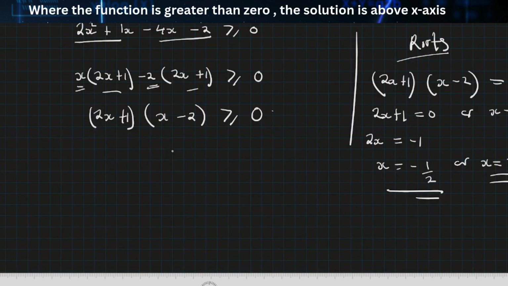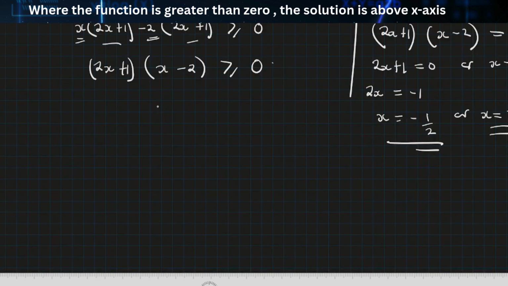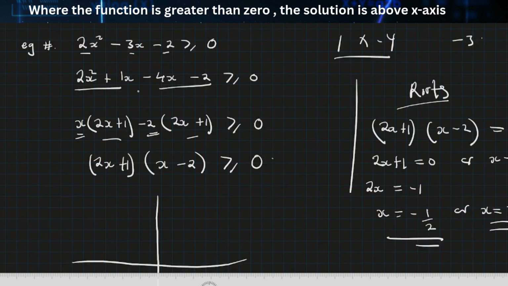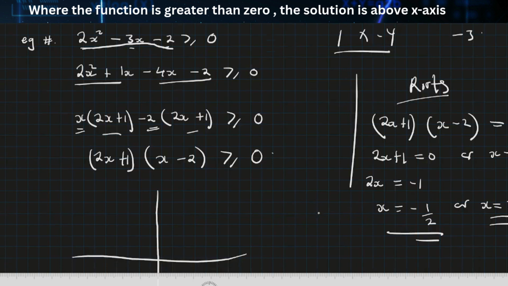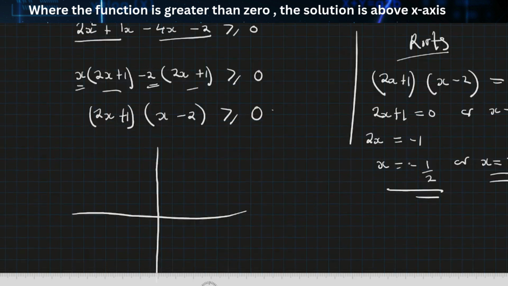So now it's time to sketch the graph, right? This is the very important part. Look carefully, this is the left-hand side we are dealing with. I will explain a little bit more. If I sketch this quadratic, it's going to look like this. What matters the most is where it cuts the x-axis, which means the roots or the solutions.